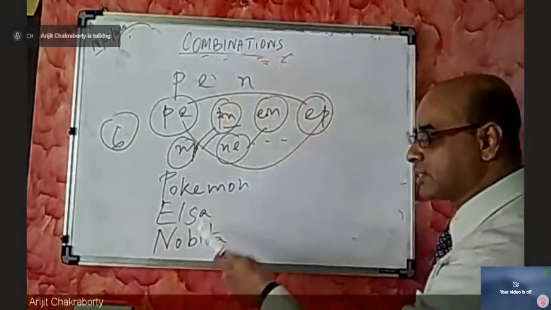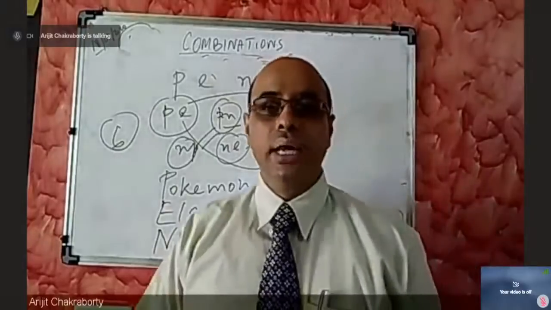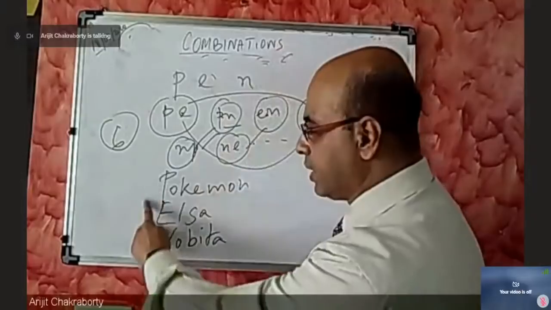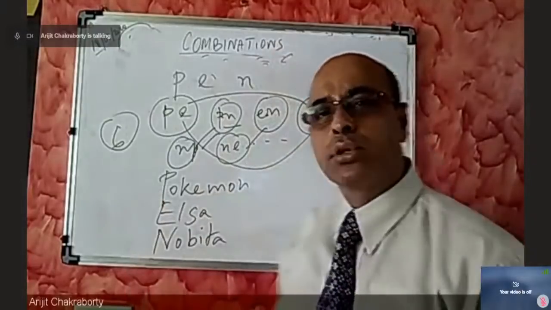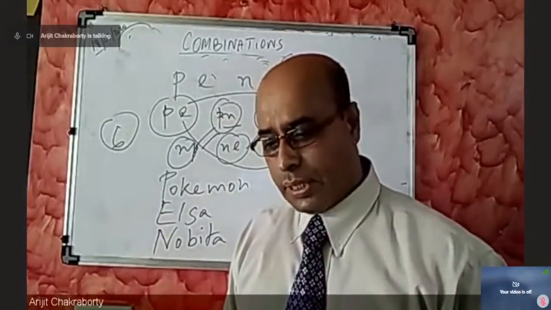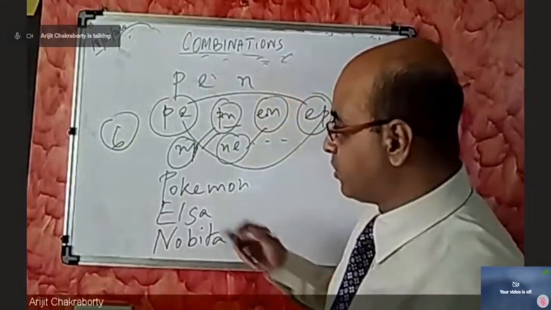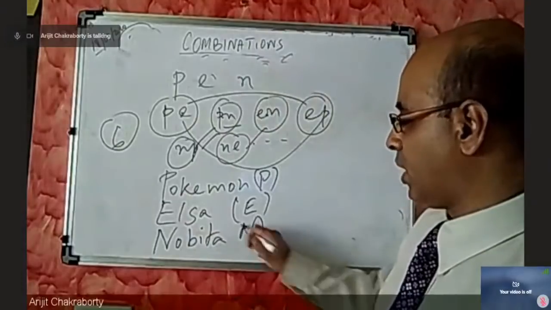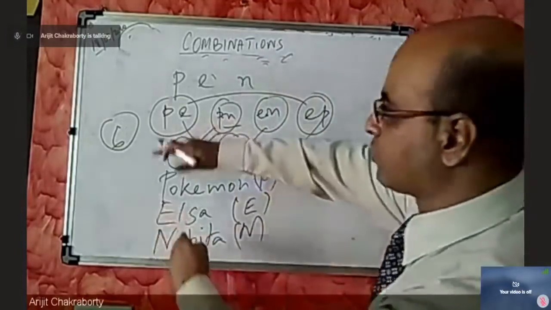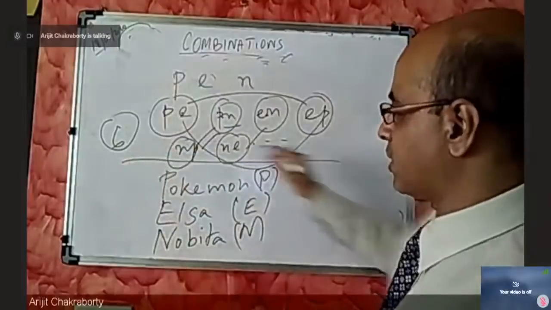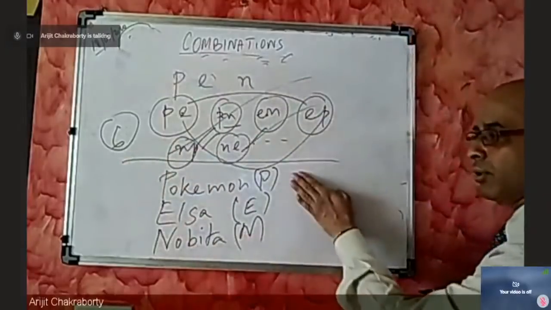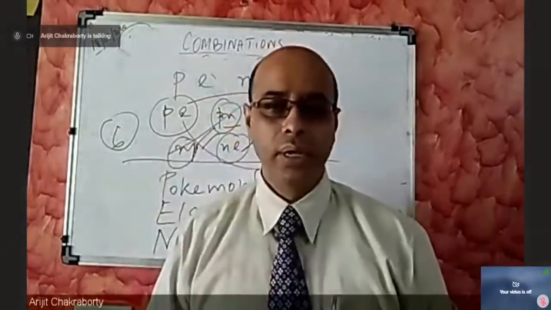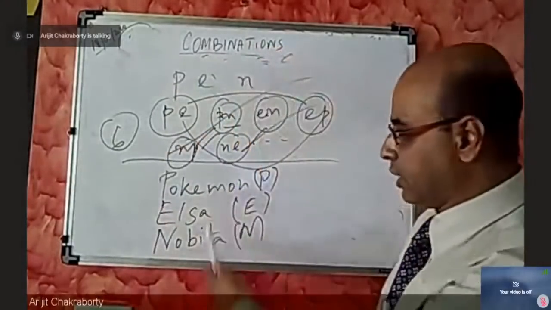So these 3, and if I ask you that can you create from these 3 people, can you create groups of 2? So now we have P Pokemon, E Elsa and N Nobita. Now forget about this PEN part. Now we focus on this part. Pokemon, Elsa, Nobita, if I ask you to create groups of 2 people out of these 3.